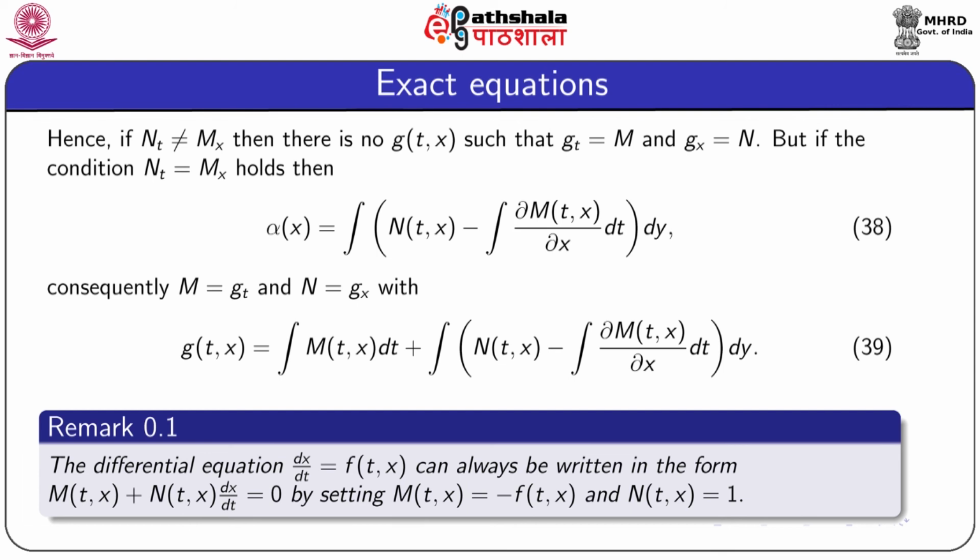Consequently, m equals ∂g/∂t and n equals ∂g/∂x, with g equal to the integral of m dt plus the integral of n minus the integral of ∂m/∂x dt. Hence, our remark: the differential equation dx/dt equal to f can always be written in the form m plus n dx/dt equal to 0 by setting m equal to minus f and n equal to 1.